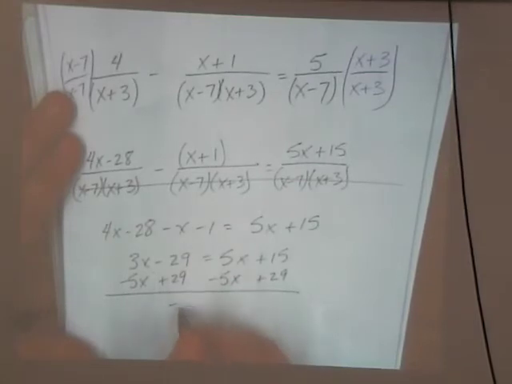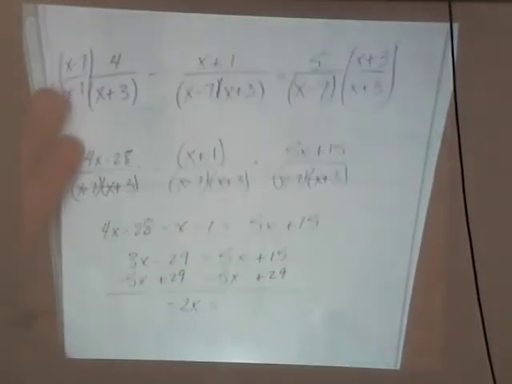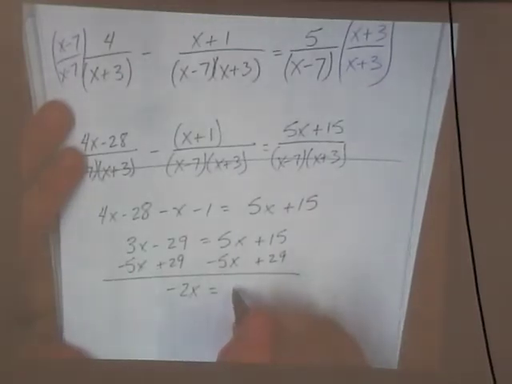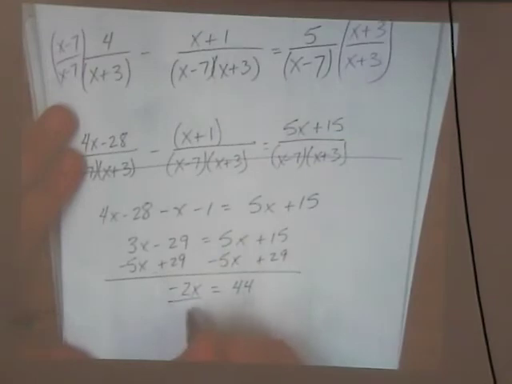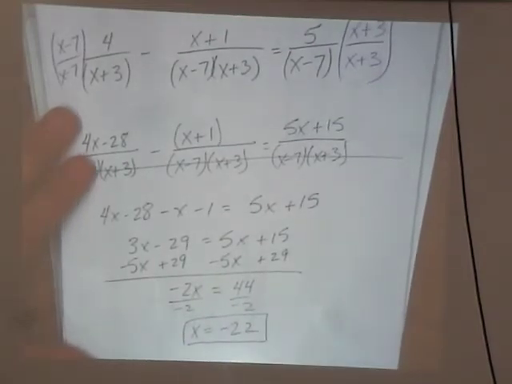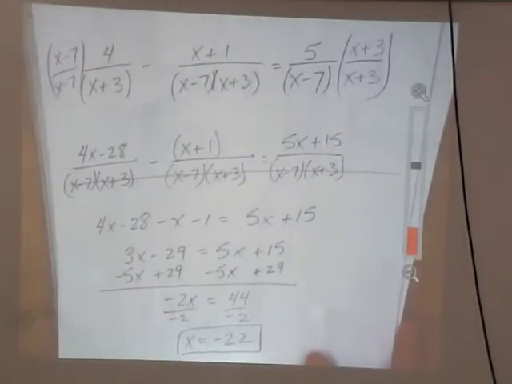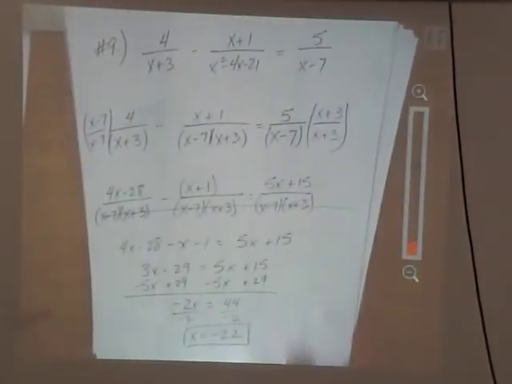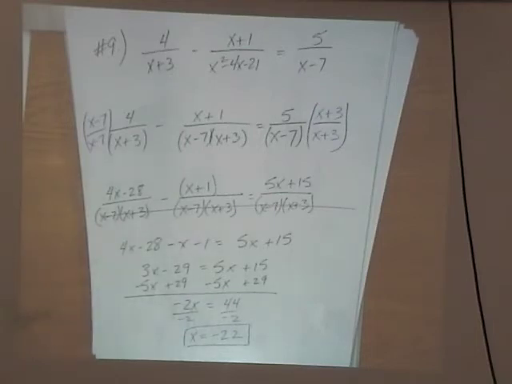So I got negative 2x is equal to 44. And divide by negative 2. X is equal to negative 22. Any questions on number 9?